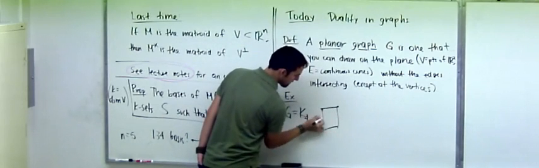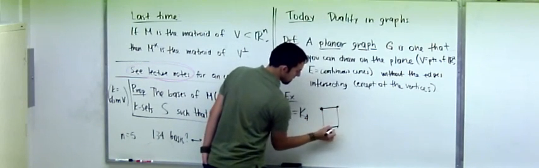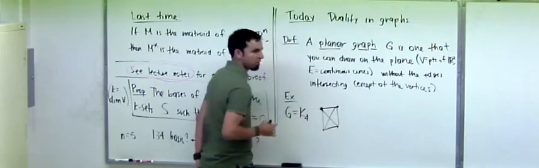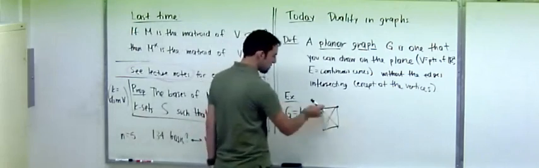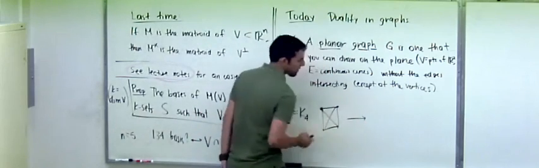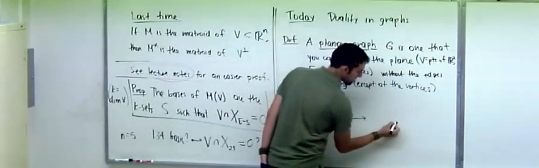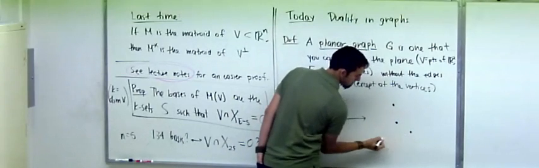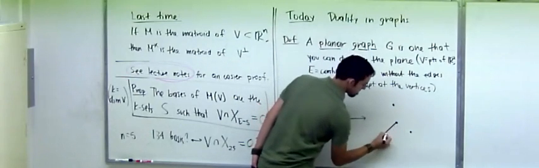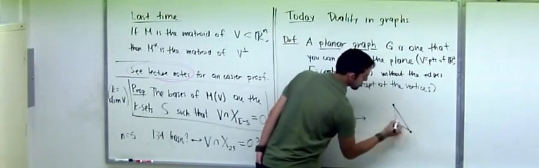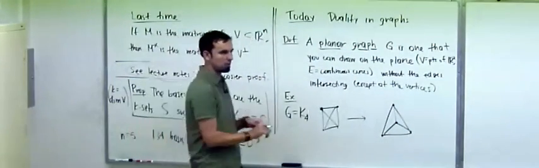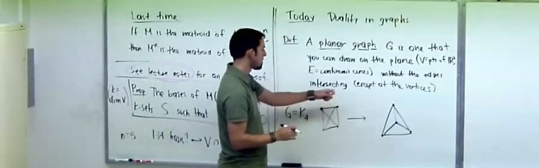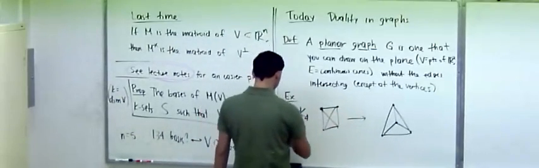You have 4 vertices, and every pair is joined. Well, that doesn't look like a good drawing because these two intersect. But you can draw this, for example, like this. There's a drawing where the edges don't intersect, and so this shows that K4 is planar.